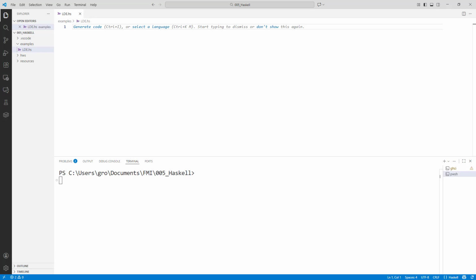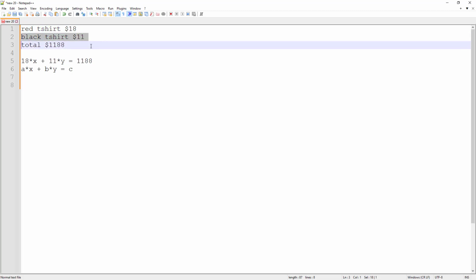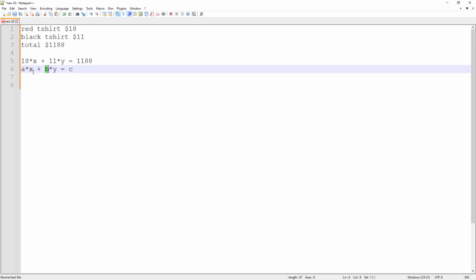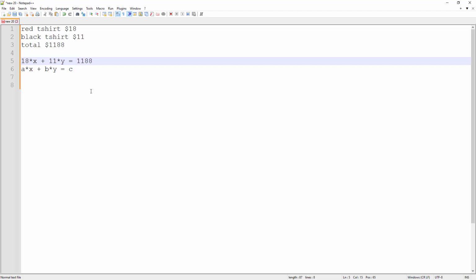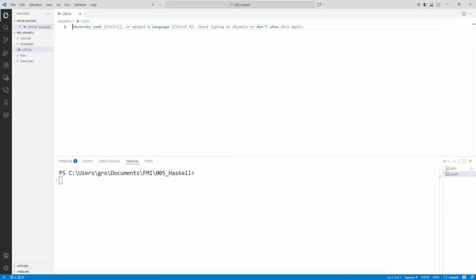Let's start with the first thing first. What did we have so far? We had red t-shirt $18, black t-shirt $11. The total is 1,188. And the question is how many of each. We are looking for the a and b as whole numbers that we could buy in order to get 1188.